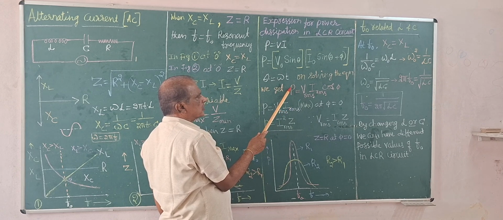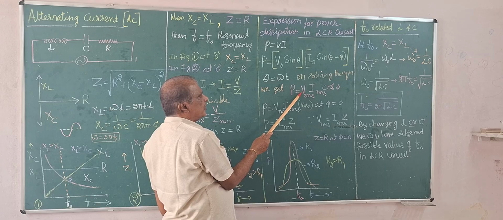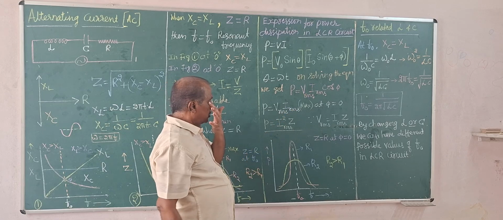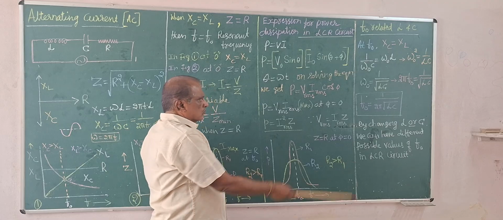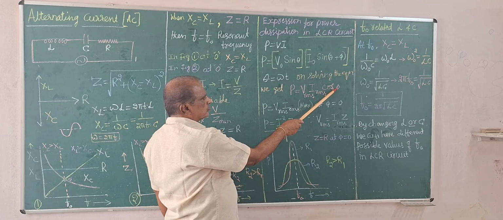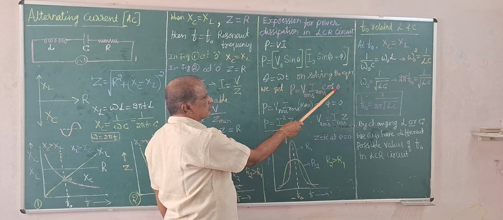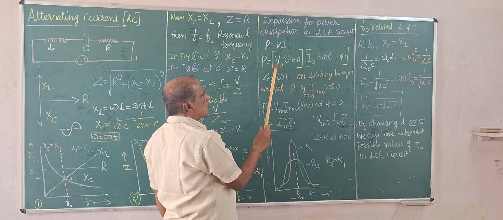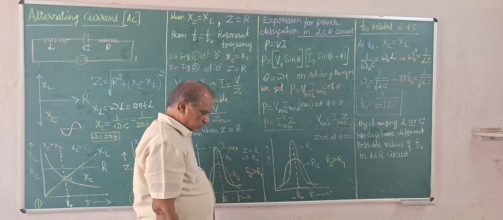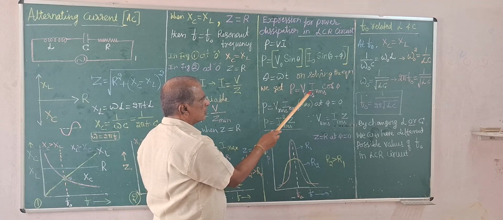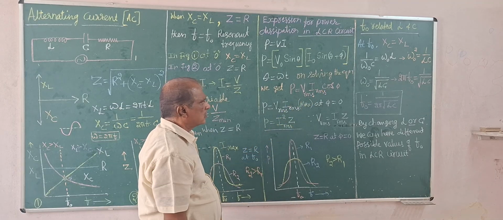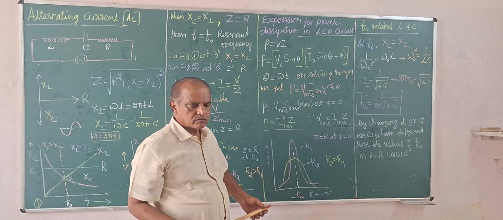So power dissipation equals V into I, where the mean values are RMS values, into cos phi. Phi is the phase difference between the current and voltage. In this equation, cos phi is the power factor.